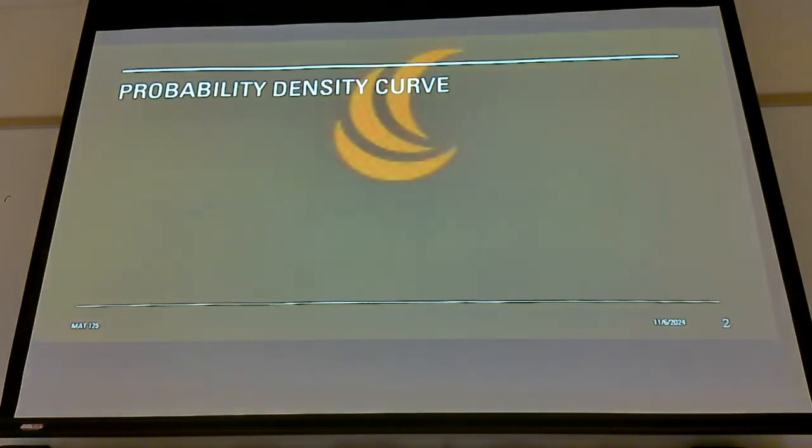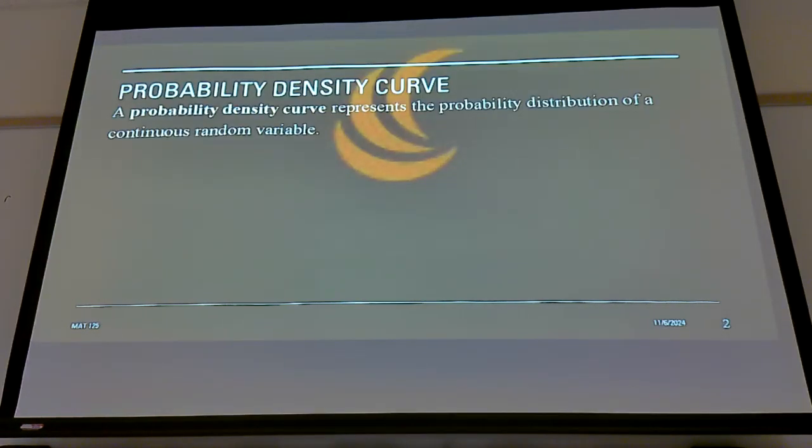First, we look at a probability density curve. This represents the probability distribution of a continuous random variable.